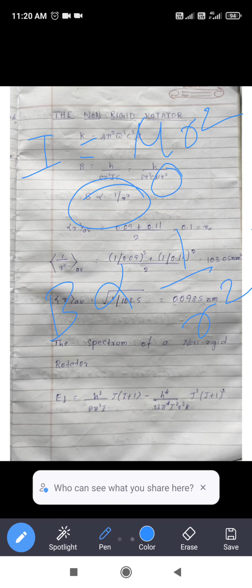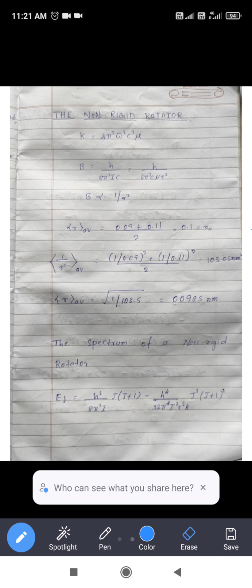Next. I told you the bond is considered as a spring, so it can vibrate, it can have vibrational energy. It can be stretched by some amount, and it can be compressed by the same amount.